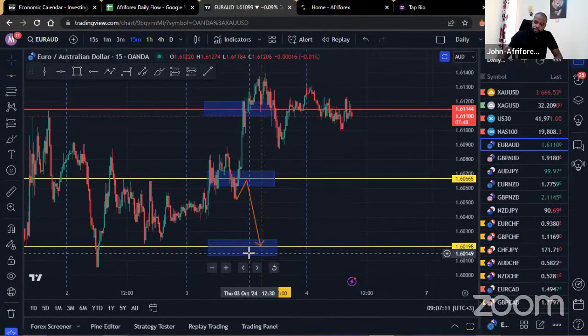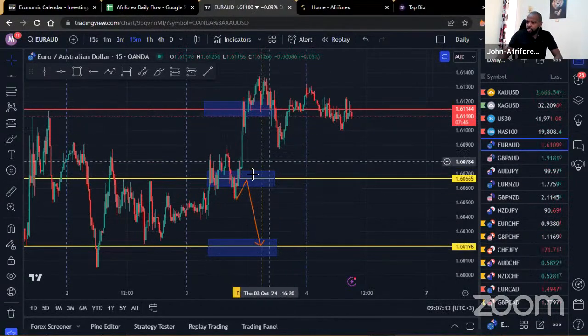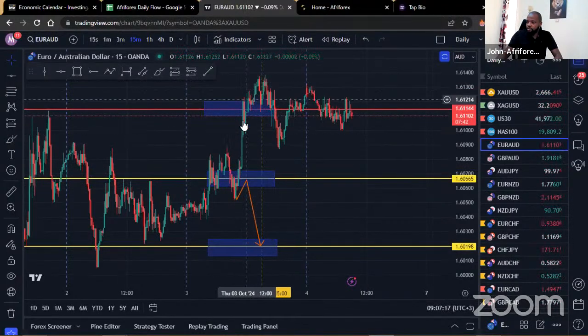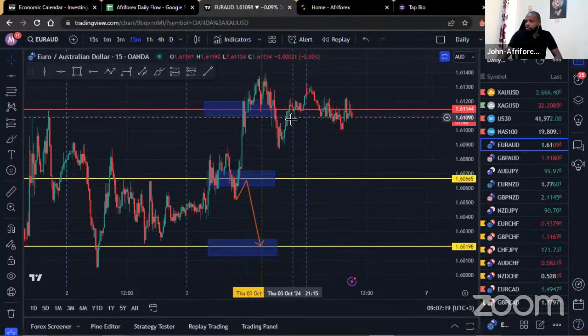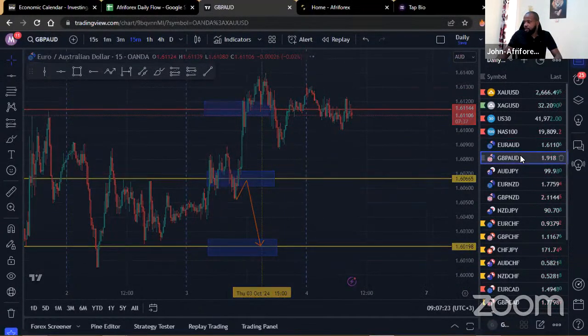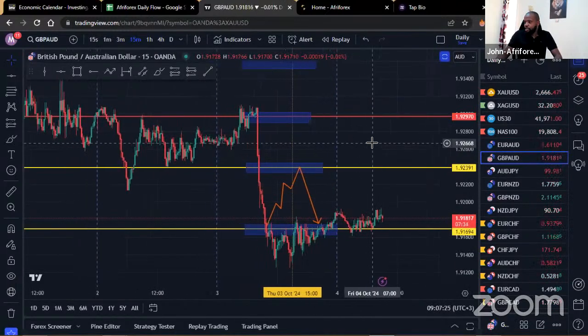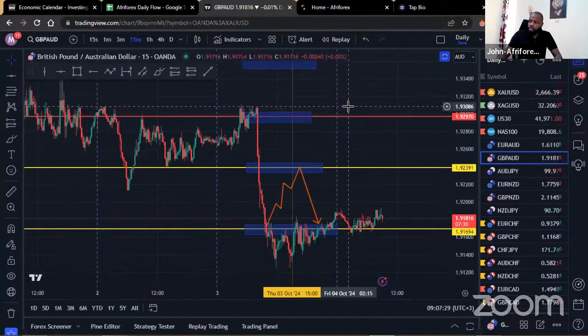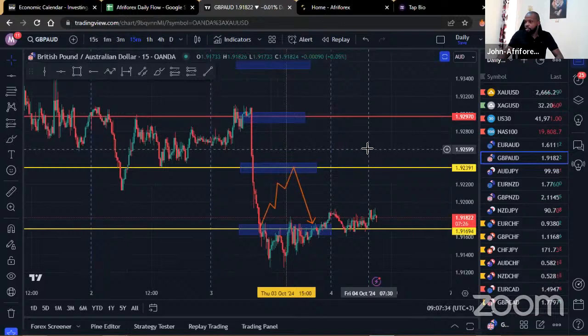Unfortunately, that didn't happen. The market went to the upside quite aggressively, came in within this region right here. Fortunately, there was really nothing. Maybe we might get a move today, we might not, but unfortunately it's not going to be on our watch list for today, considering the fact that the euro and the Australian dollar are both on the same side.